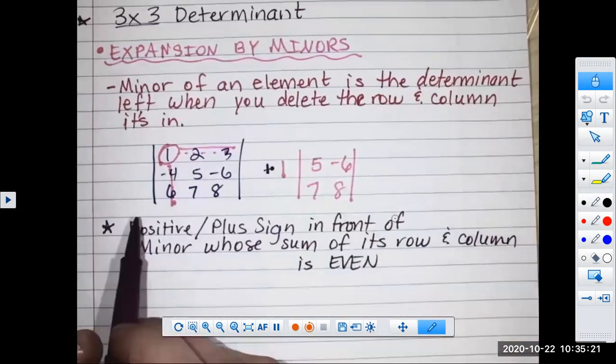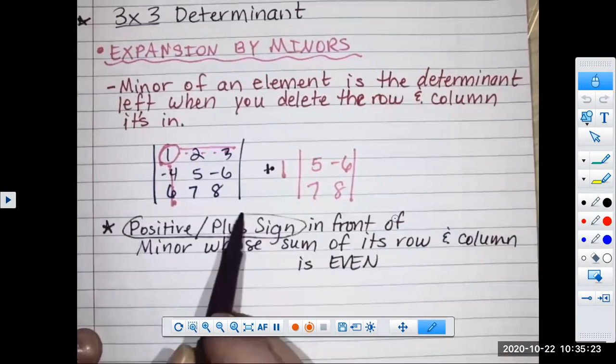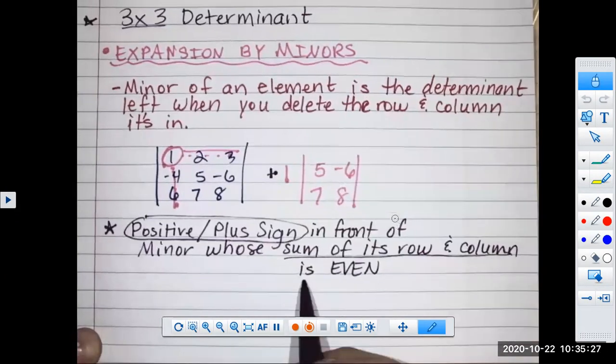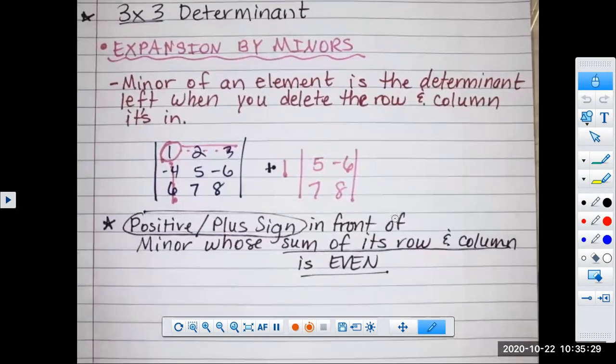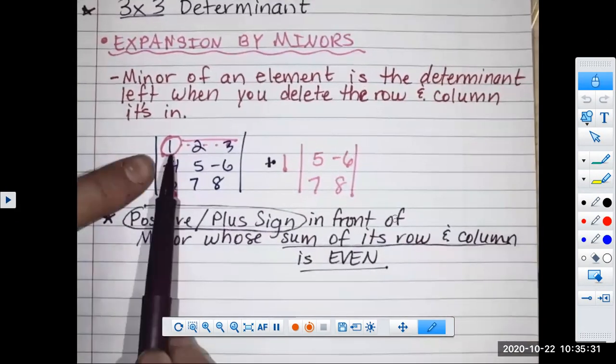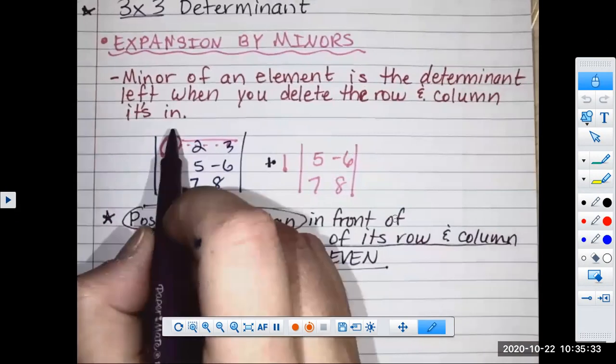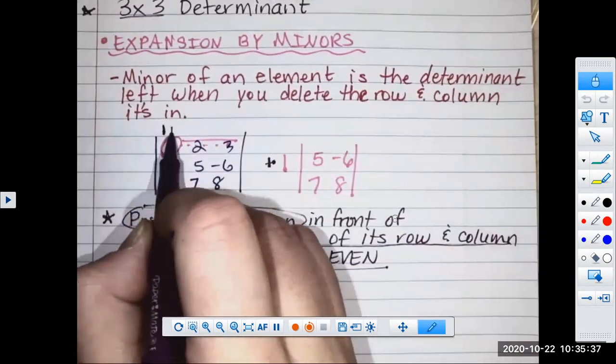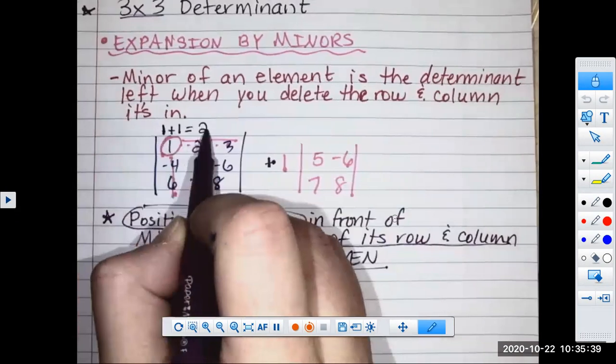So I'll put a plus sign when the sum of the row and column is even. So for example, 1 was in row 1, column 1, so that's even. So I put a plus sign.